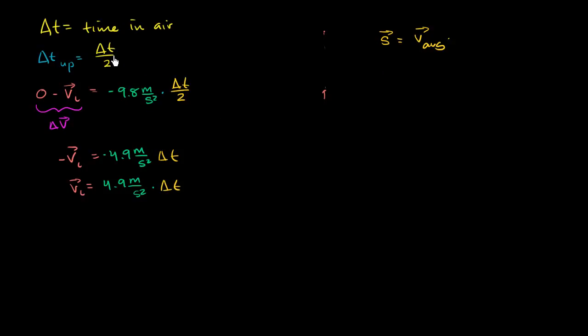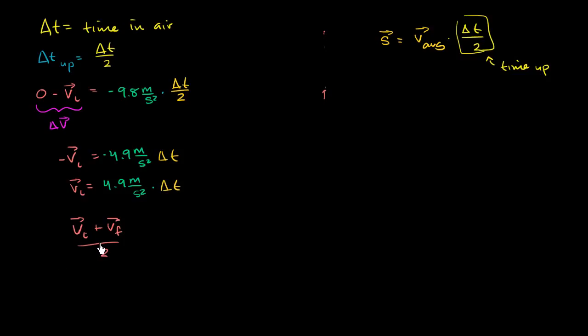So that is our delta t over 2, our total time divided by 2. And what's our average velocity? Well, the average velocity, if we assume constant acceleration, is your initial velocity plus your final velocity over 2. It's really just the mean of the two things.